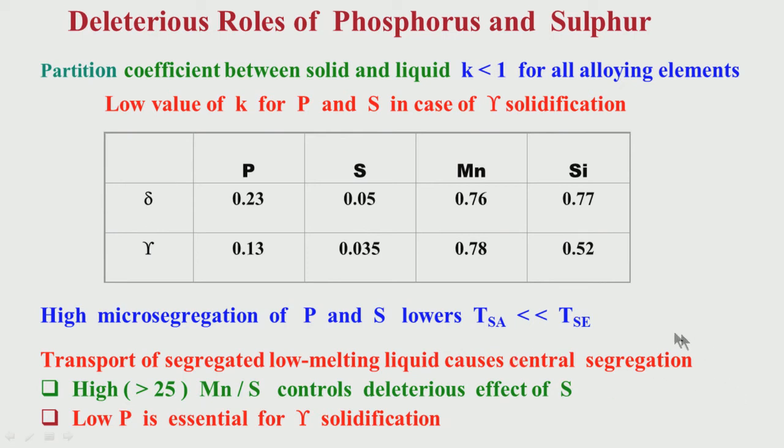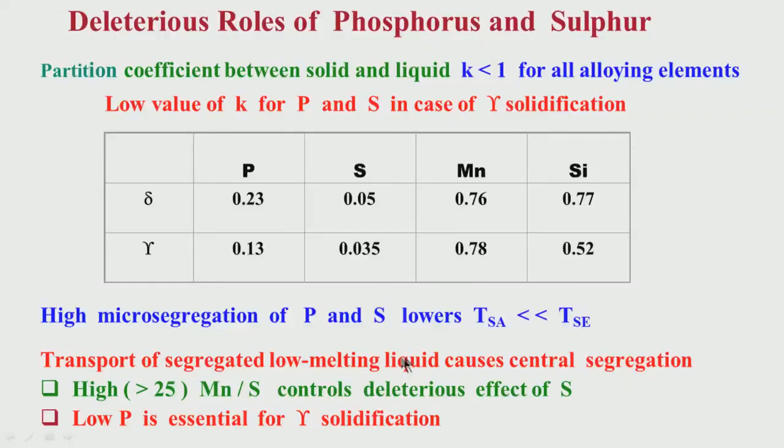If you measure the concentration of the alloying elements at the center and at the areas which have solidified earlier, you will always find the central portion of the cast is having more of these alloying elements. So, this segregated low melting liquid causes central segregation, and the actual solidus is also suppressed, becomes much lower.